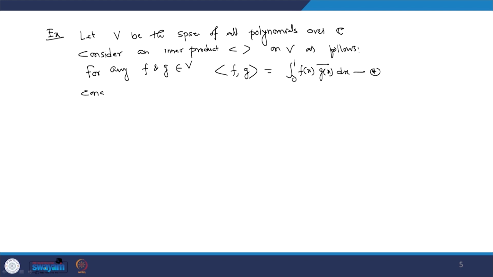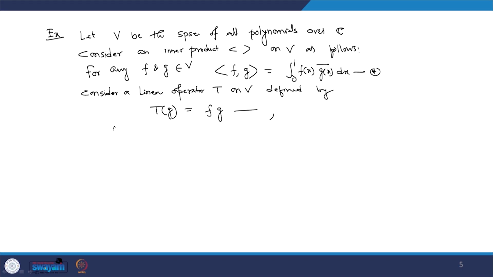Consider a linear operator T on V defined by T of g equal to f times g.